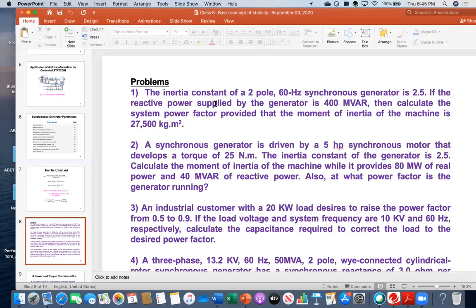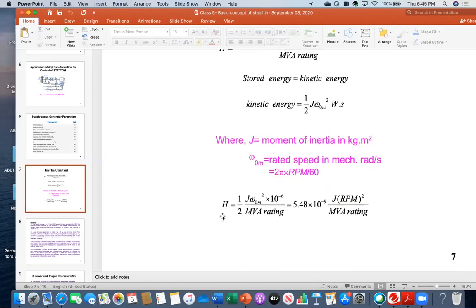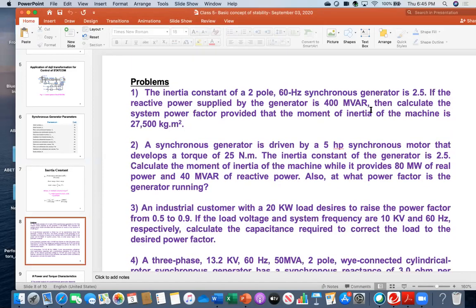Now see, the inertia constant. In the equation, your H is given, your J is given, and your RPM you have to calculate from 120 F by P. So therefore you will get your MVA from this equation. Once you get the MVA, and your MVAR is given, you can make a relation by applying sine theta.